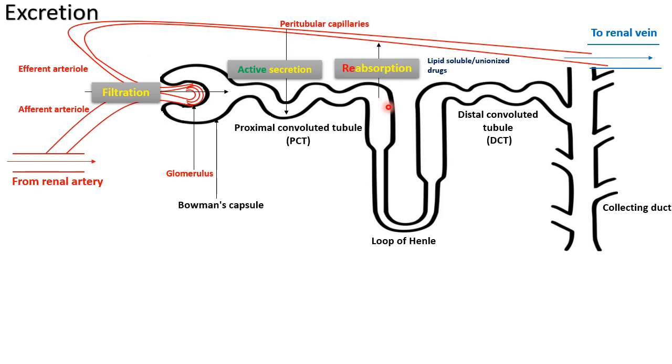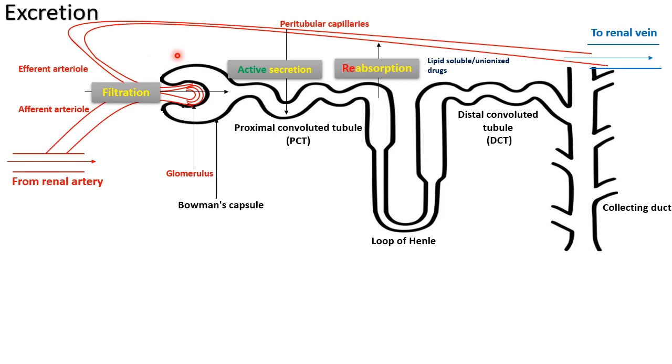So if this drug that is excreted unchanged is unionized in the nephron due to the pKa and pH, that means it is more lipid soluble than being water soluble.